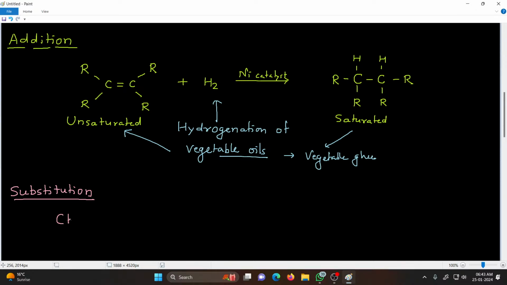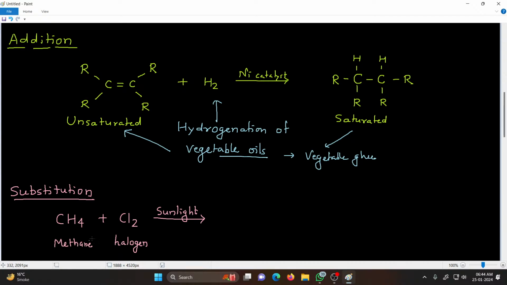Here alkanes like methane, when they are reacted with halogens like chlorine in presence of sunlight, such type of reaction takes place. Now generally saturated hydrocarbons are non-reactive because they contain all single bonds, but halogens are an exception. Halogens can displace hydrogen one by one from the alkane.